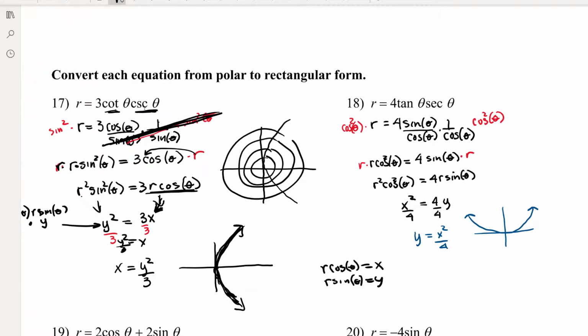So notice the difference. An up or down parabola is when it's tangent secant, and when it's a sideways parabola, it will be cotangent cosecant. Those are thetas in there. I didn't write them, but same with here. I should have written the thetas.